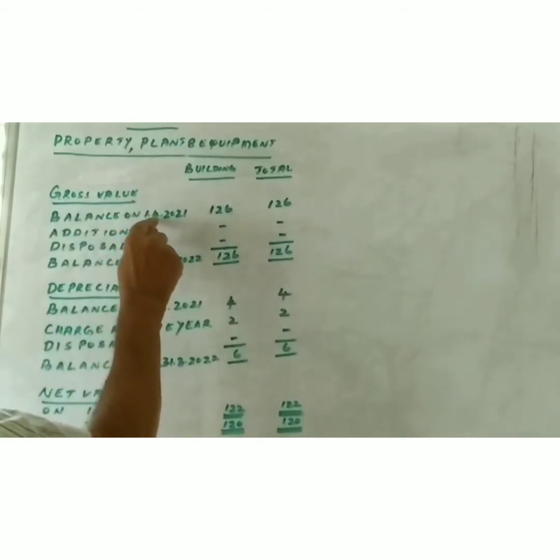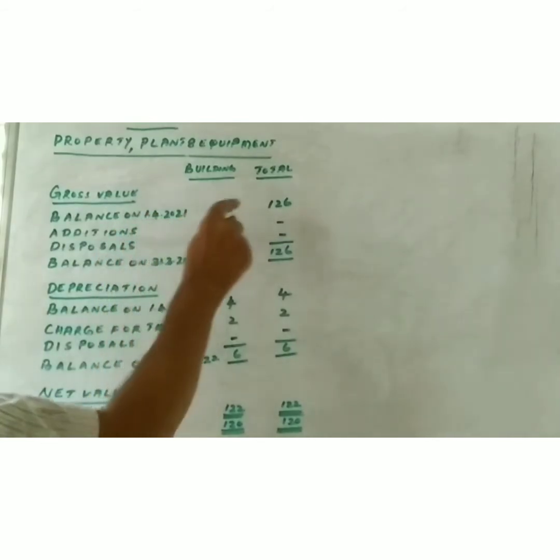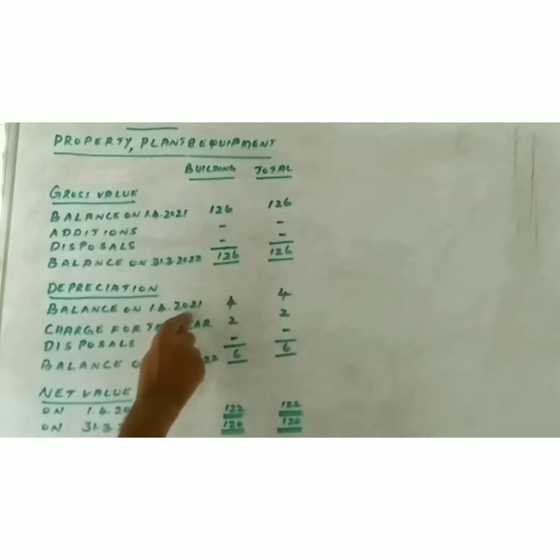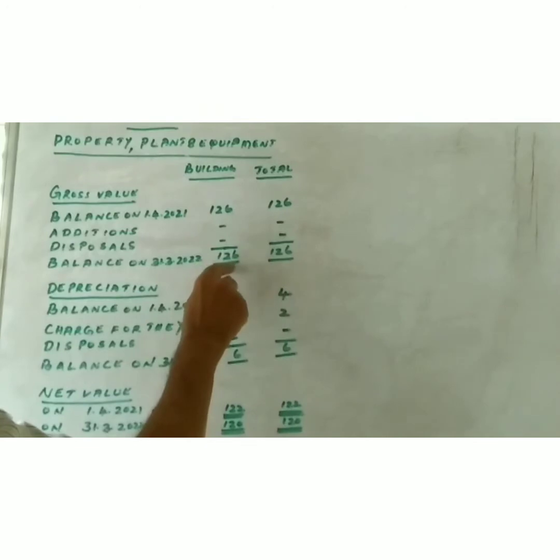In the case of asset on 1/4/2021, it will be balance on 1/4/2021, that is 126, minus accumulated depreciation up to 1/4/2021, 4. So the net value will be 122. Similarly, net value of asset on 31/3/2022 will be 126 minus 6 is equal to 120.